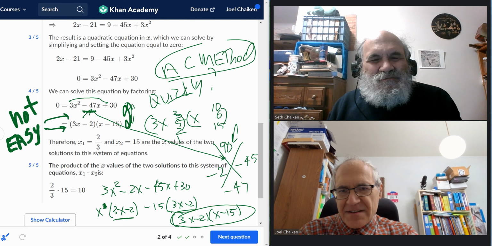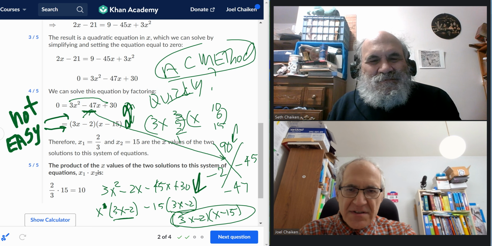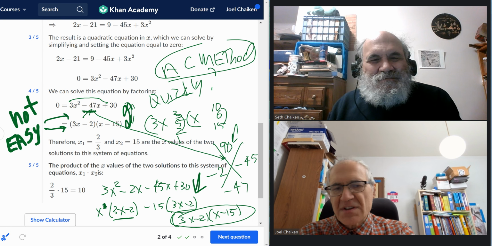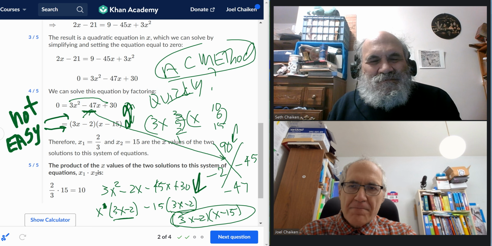So this is called the AC method. This is the method of choice that's been taught. Wow. Yeah, so it really is to your advantage to know that the product of the roots is the constant term divided by the leading term of the x squared.